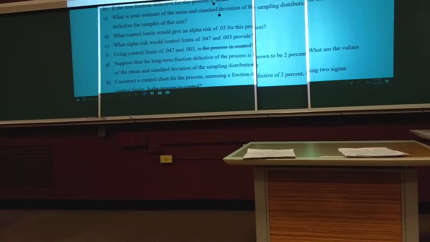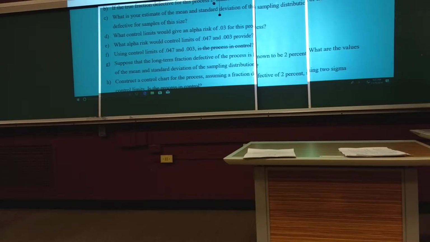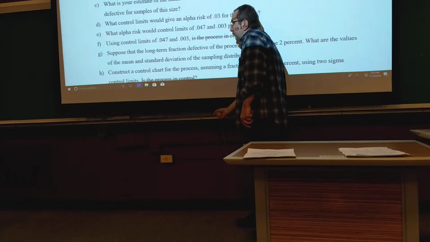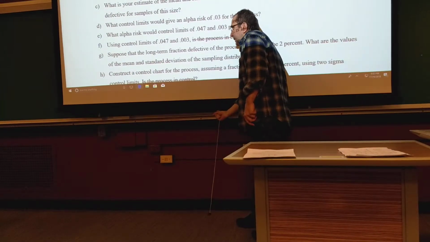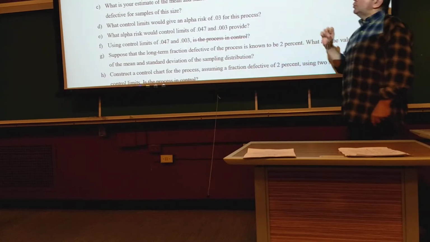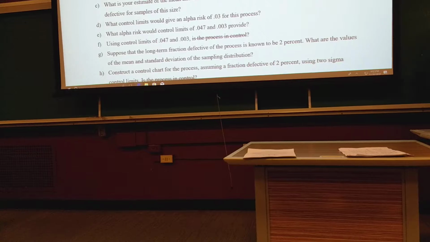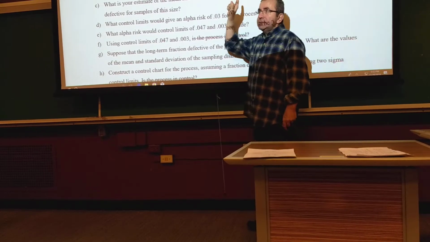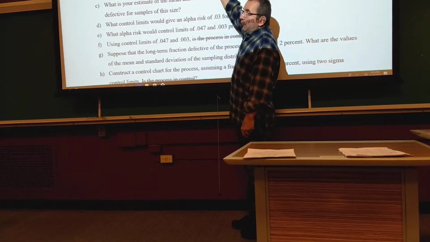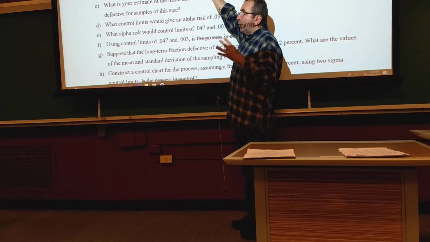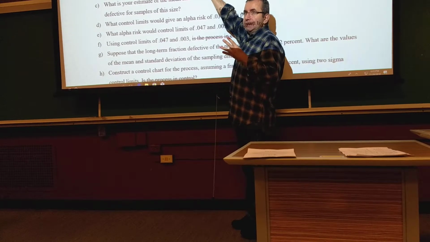Okay? So question 5 says you take 4 samples, okay, and each sample has 200 credit card statements, and we inspect these. So within the first 200, we find 4 statements with errors.